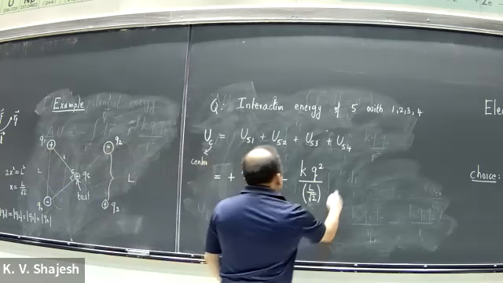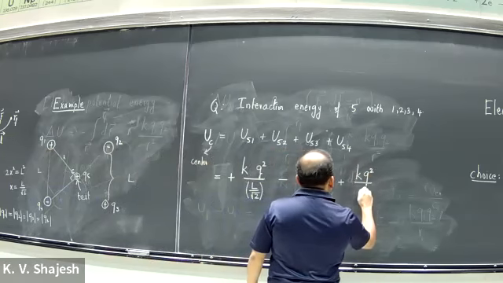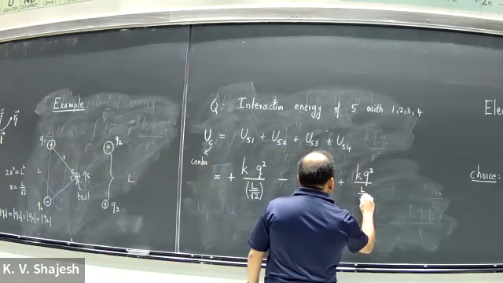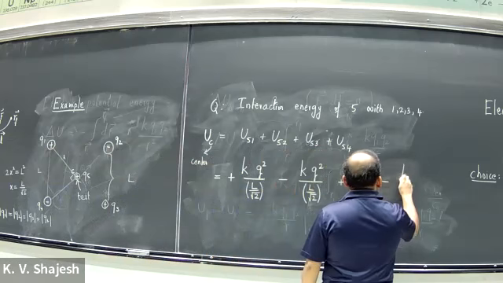5.3 now is again plus kq squared over L over root 2, and again 5.4 is negative.